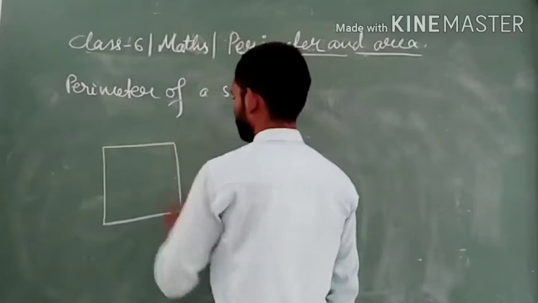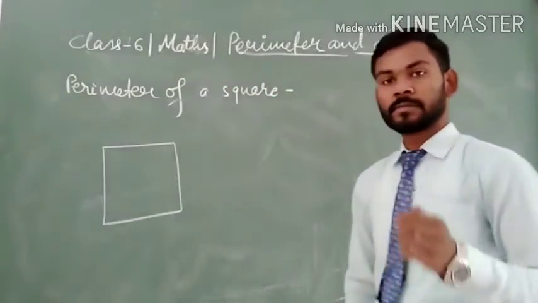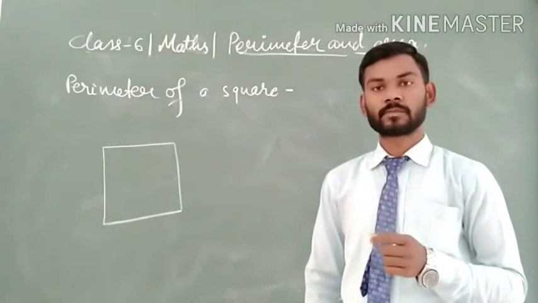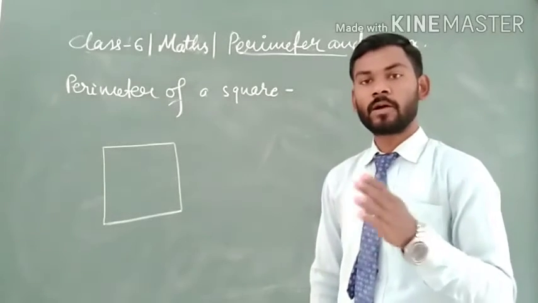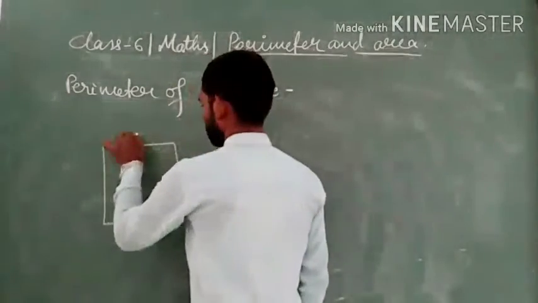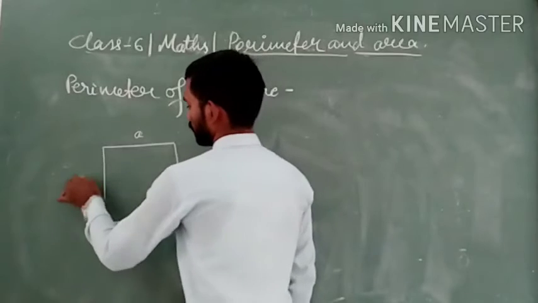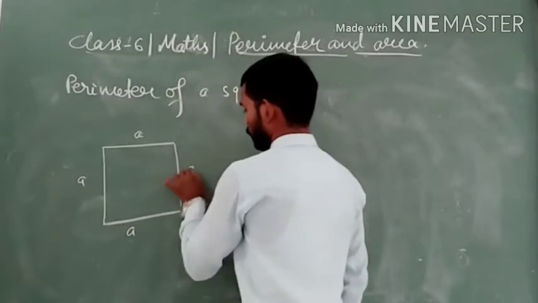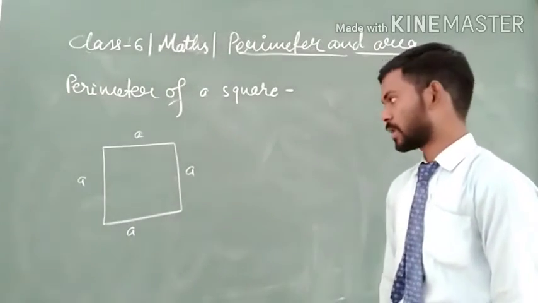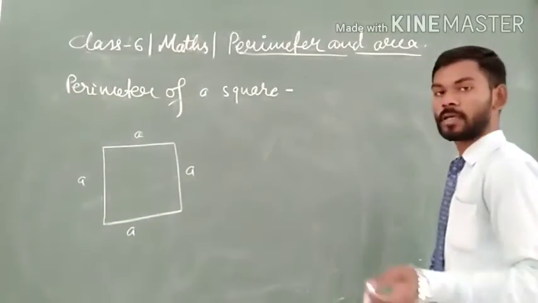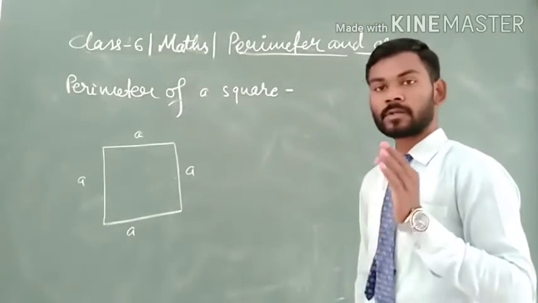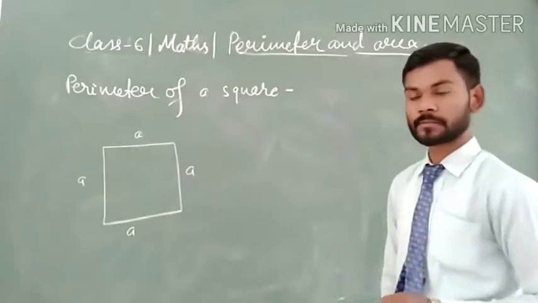As we know that the square is a polygon having 4 sides of equal length. So if I suppose that this is A, then all its sides will be A. So in this case, when we apply the definition, we find the total length of the boundary.